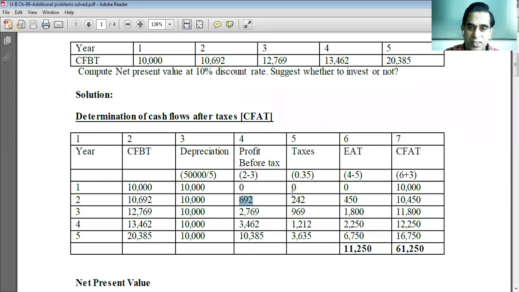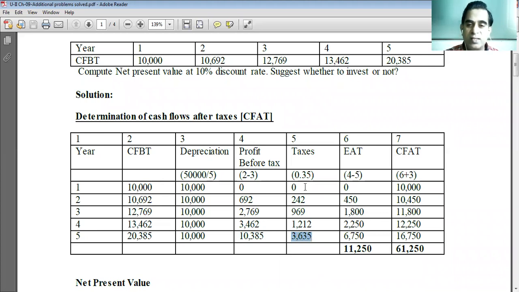So 35% of 692 is 242, or 35 divided by 100 into 692 is equal to 242 rupees, the amount of tax in year 2. 35% of 2,769 is 969 rupees, the amount of taxes in year 3. 35% of 3,462 is 1,212 rupees, the amount of taxes in year 4. 35% of 10,385 is 3,635 rupees, the amount of taxes in year 5.